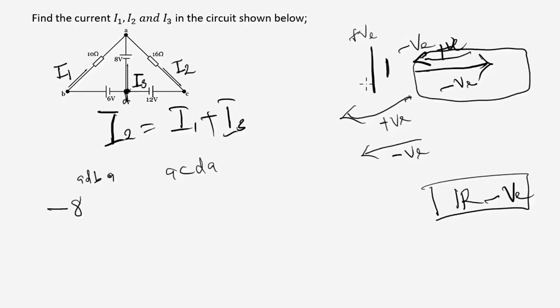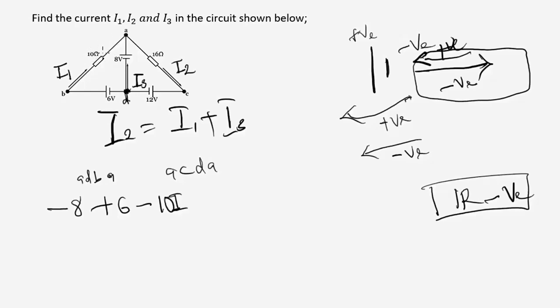Remember when we moved from positive to negative, we had a negative value. Now we are moving from negative to positive. So we'll have a positive value of this, which is plus 6. And then remember we said we want to make all our potential drops negative. So we have this moving towards this, we'll have minus 10I. That's the current times the resistance.